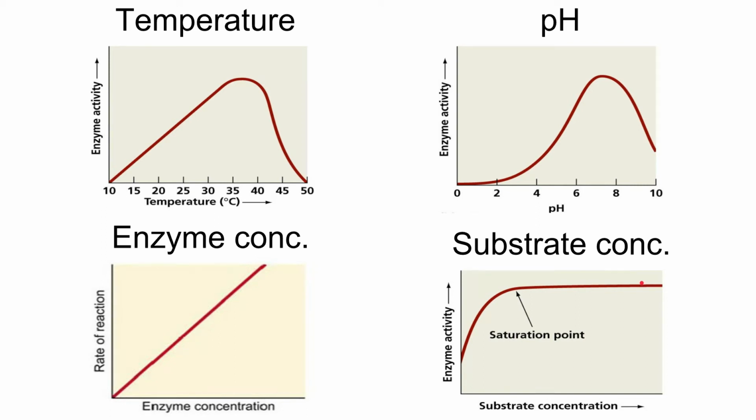Enzymes are very, very fast in how they work, but they are not infinite in their speed. So this point here, saturation point, this is the point at which all of the enzymes within the solution are working at their maximum rate. Any further increase in substrate concentration has no effect on rate of reaction.